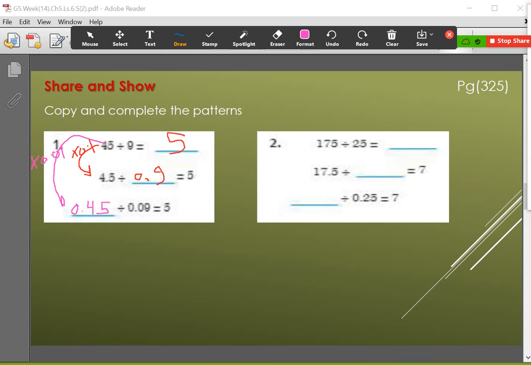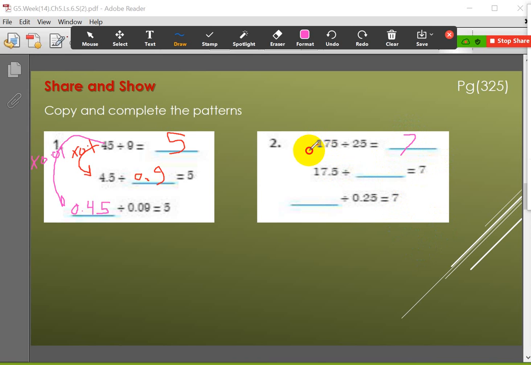Just one time. Okay, 175 divided by 25 equals what, girls? Very good, girls. Equals 7. So the answer or the quotient is 7. What about this pattern?